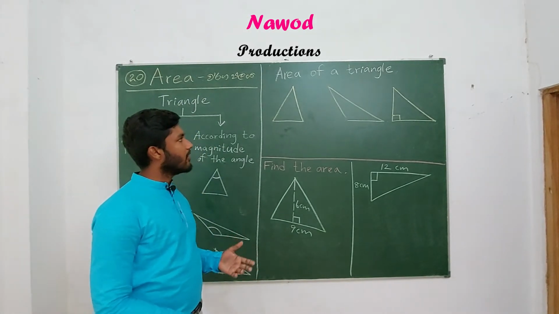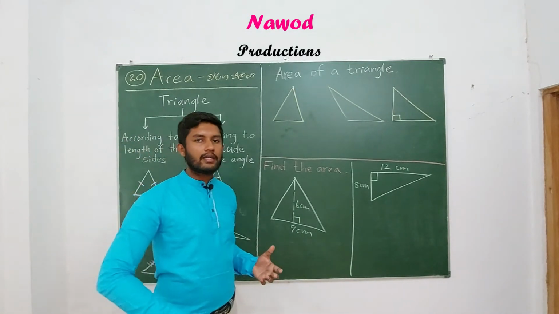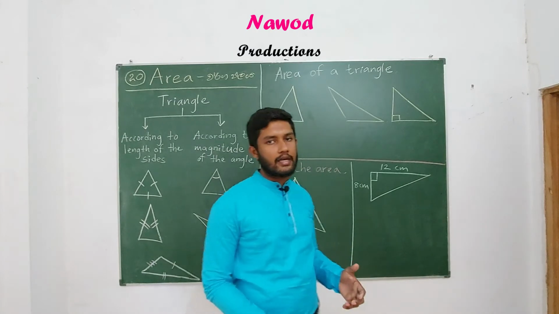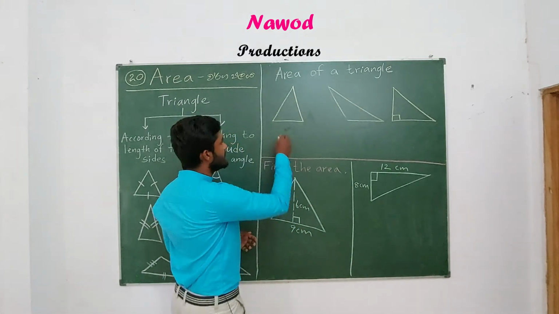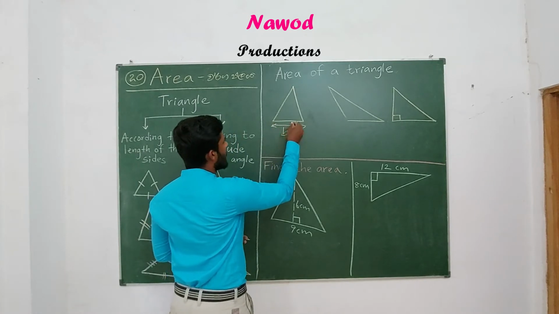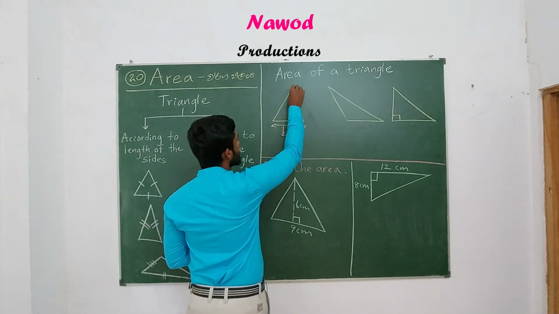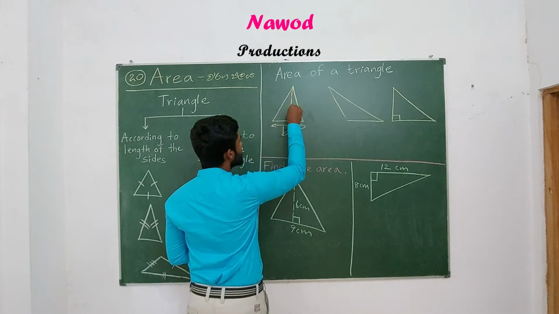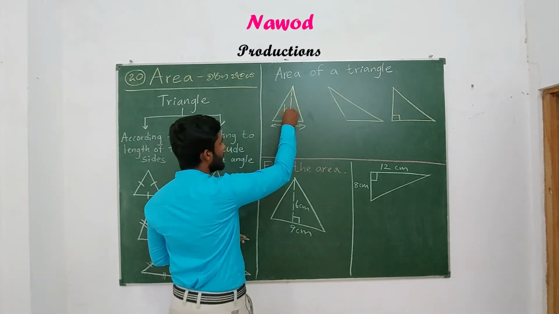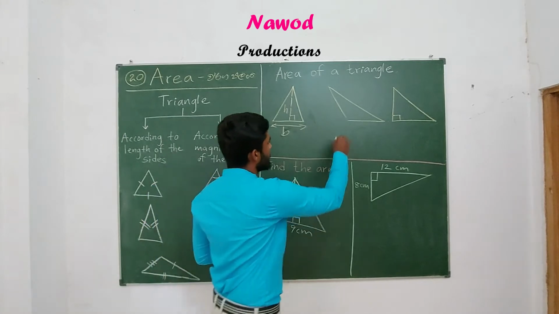Then of course we must learn how to find the base and the perpendicular height of a triangle. Base means normally the latter part, base B. Height, we want to get the perpendicular height in here, perpendicular height H, right?